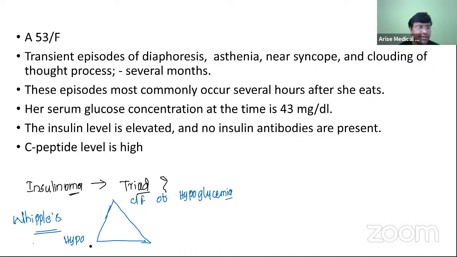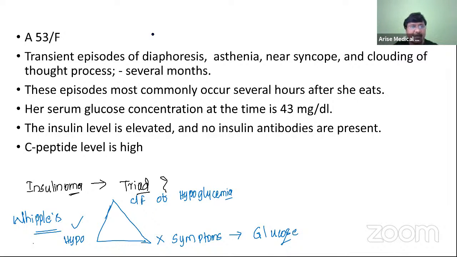That means at the time of presentation of the clinical manifestations of hypoglycemia, if you check the blood glucose levels, they will definitely have hypoglycemia. And disappearance of the symptoms upon giving glucose. That is your Whipple's triad.